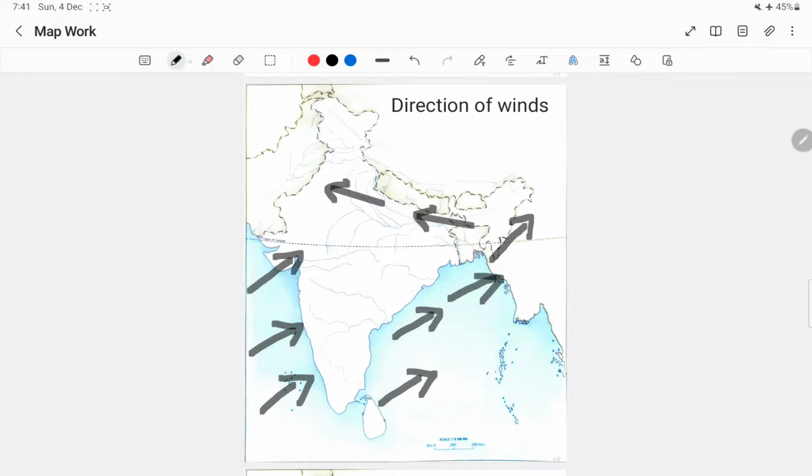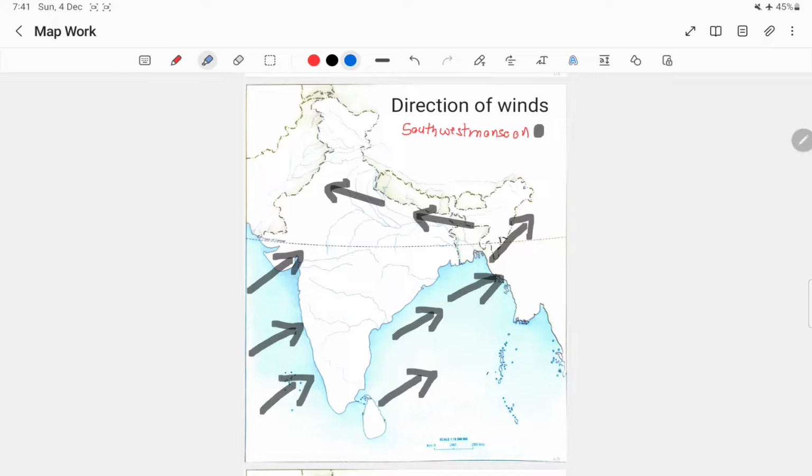So this will be the labeling for the southwest monsoons, which we have made with the grey color.